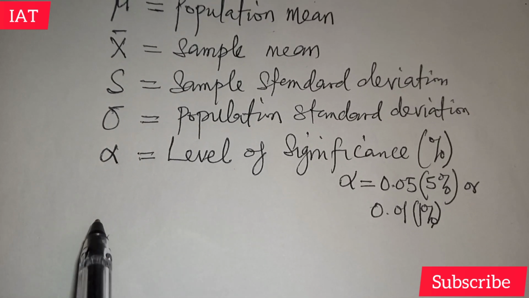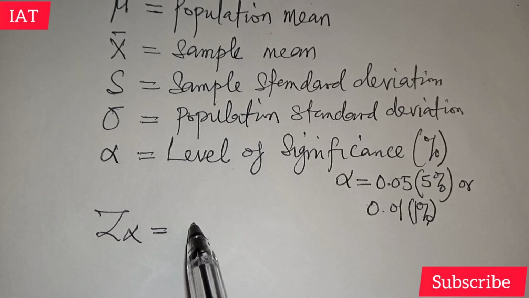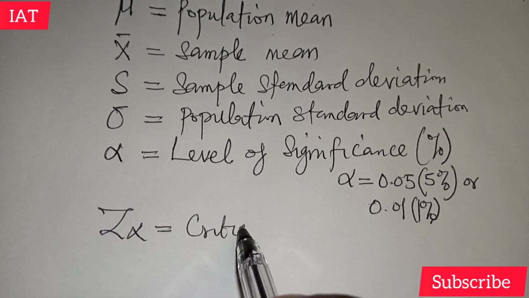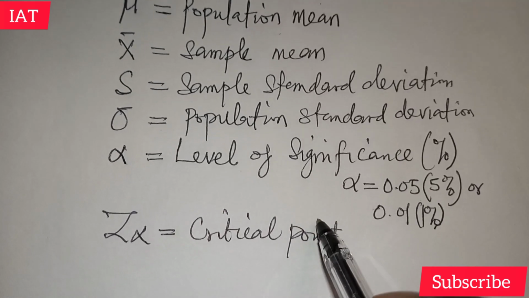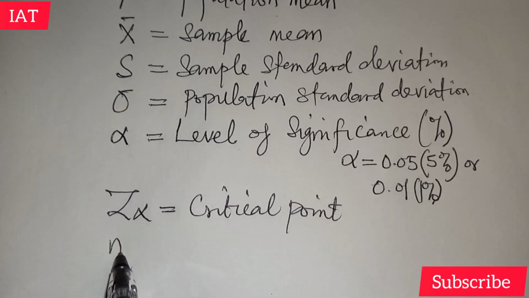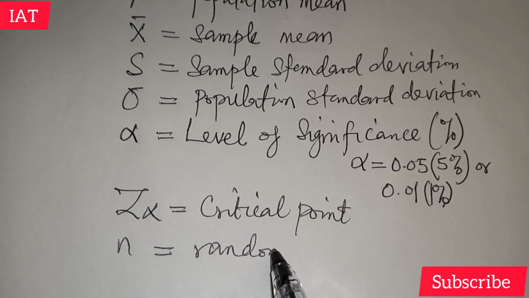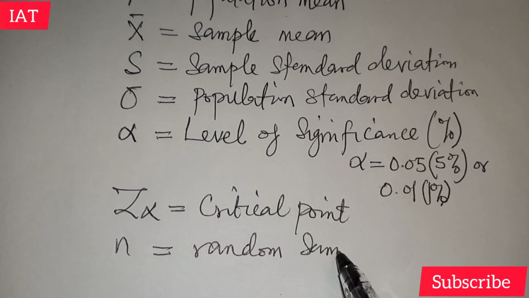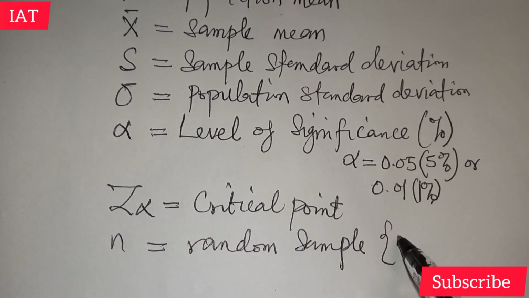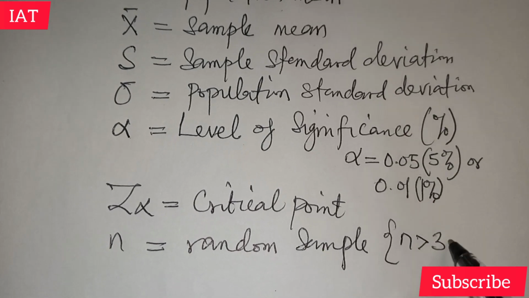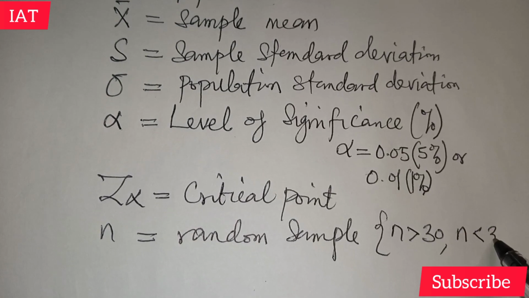Right, but when you see z subscript alpha, this is just for critical points. And then you may see n also. This is for when you have a random sample. In some cases you will notice that n is greater than 30, and in some cases n is less than 30.